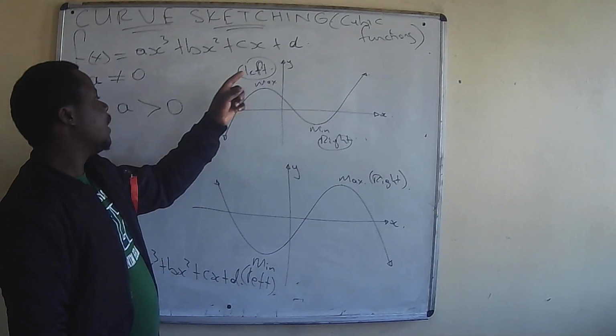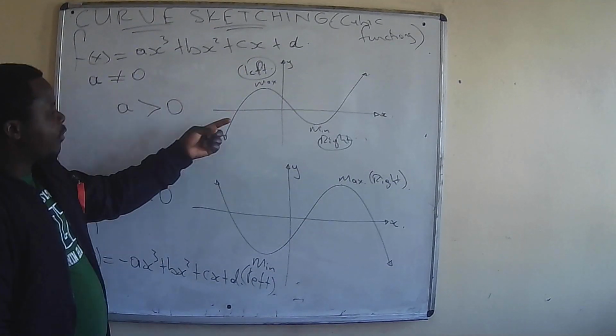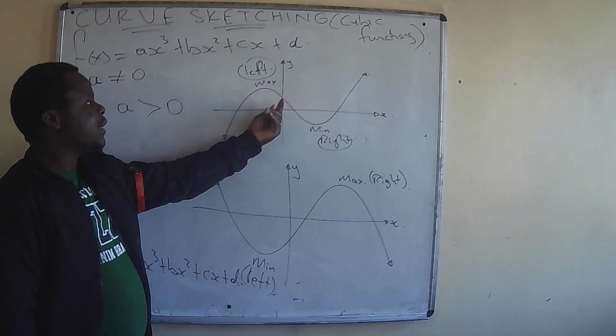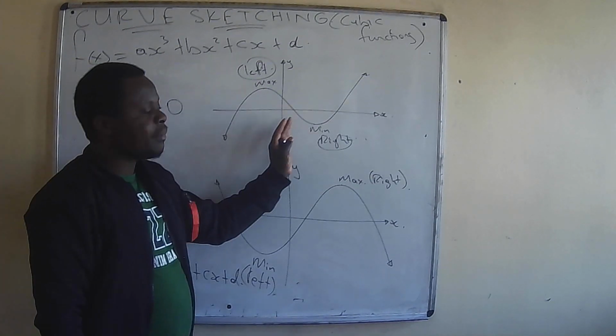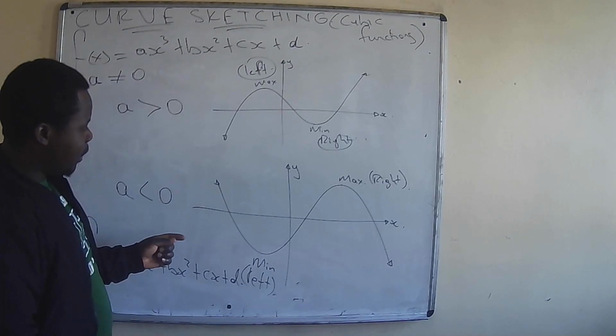Same here, if a is bigger than 0, we have our local maximum to the left and our local minimum to the right.